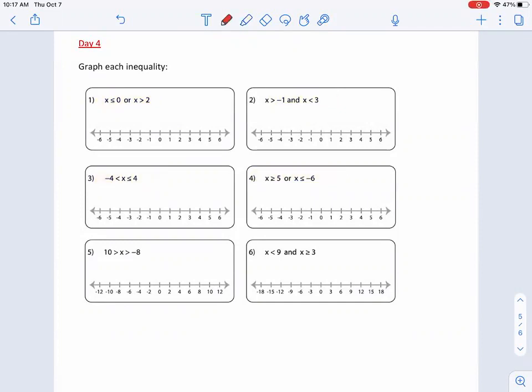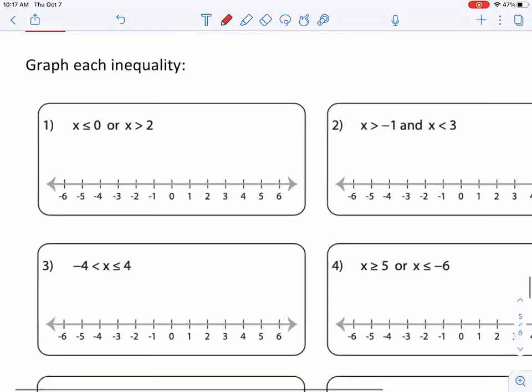So what we want to do is first look at whether it is an and or an or statement. Okay, so look at the middle word. An and statement means that it has to satisfy both equations. I'll explain that in just a minute. An or statement means it can work for one or the other.